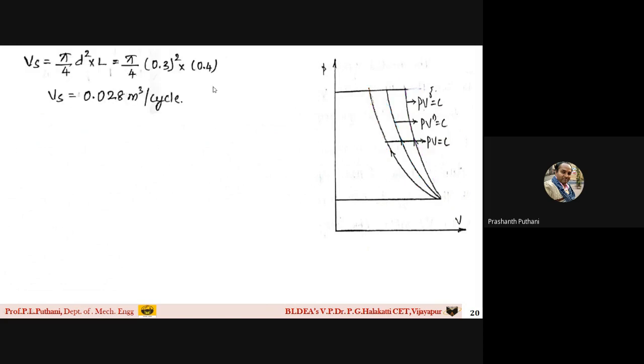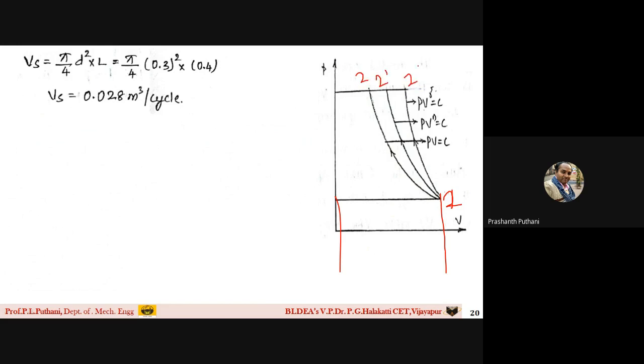Now, first we'll find out the swept volume. Swept volume is equal to pi by 4 d square L. If you observe this pressure volume diagram carefully, process 1 starts here, and these are different positions 2, 2 dash, 2 double dash.